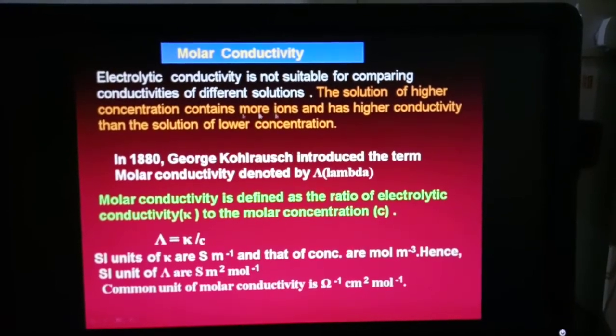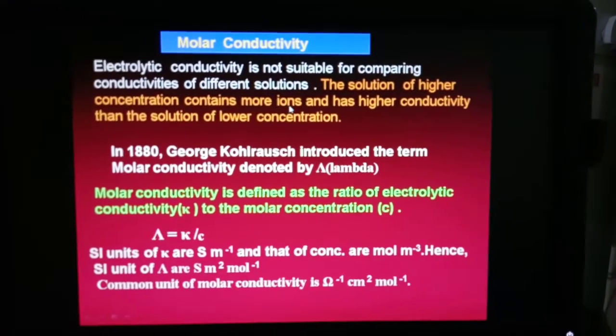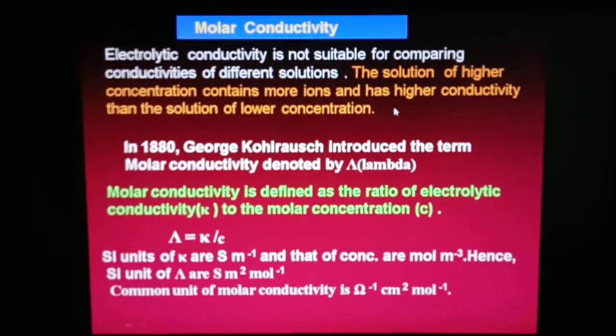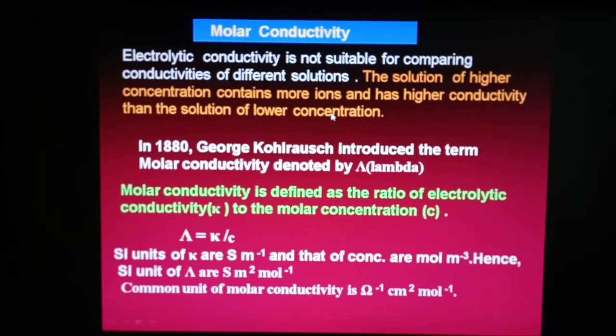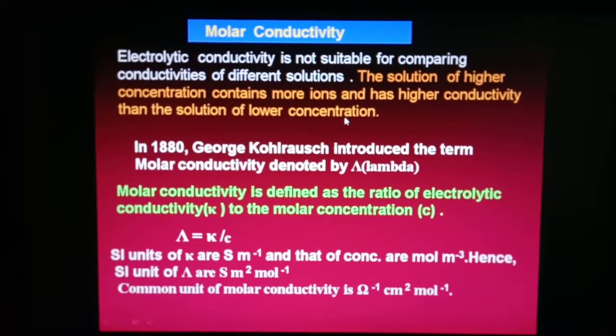The solution of higher concentration contains more ions and has higher conductivity than the solution of lower concentration. In 1880, George Kohlrausch introduced the term molar conductivity, which is denoted by capital lambda symbol.